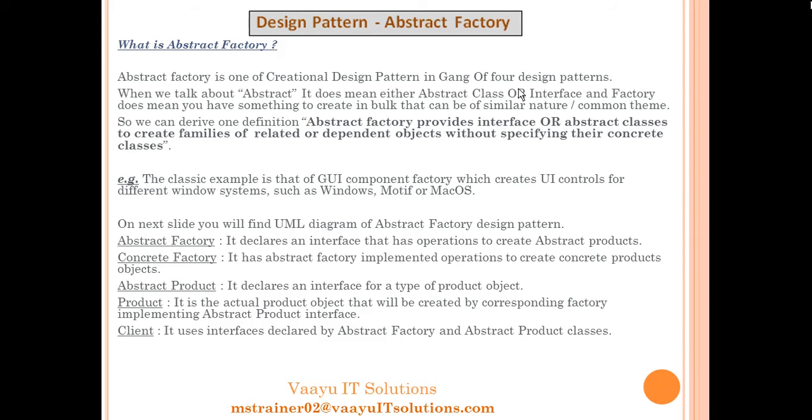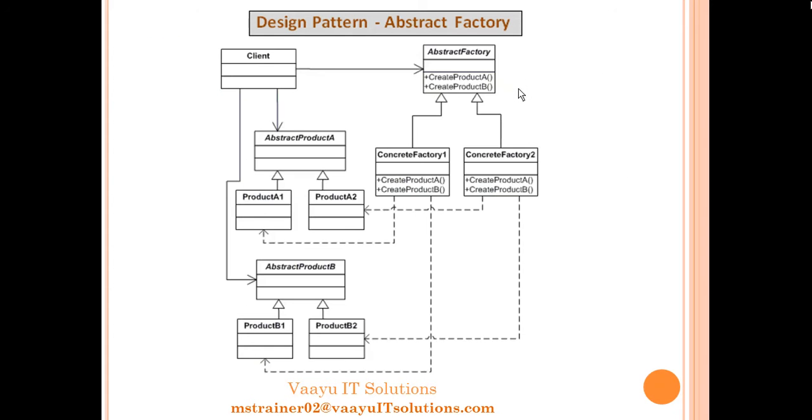That is the UML diagram of the abstract factory. You see that it has the abstract factory, a concrete factory, abstract product A, abstract product B, and the client. This abstract factory has some methods or operations that will be implemented by the concrete classes.